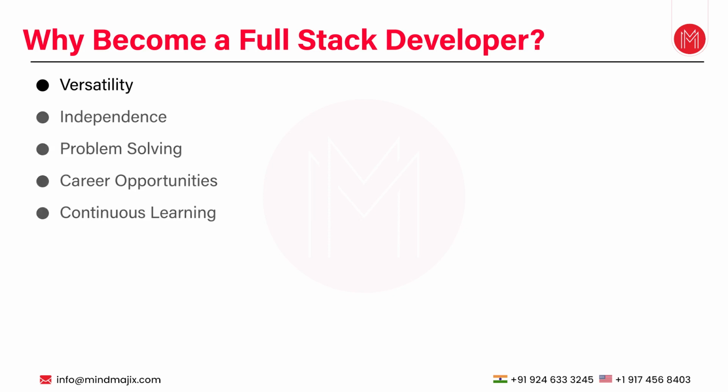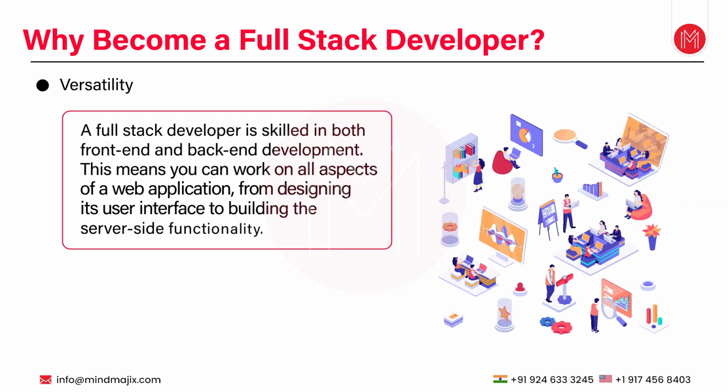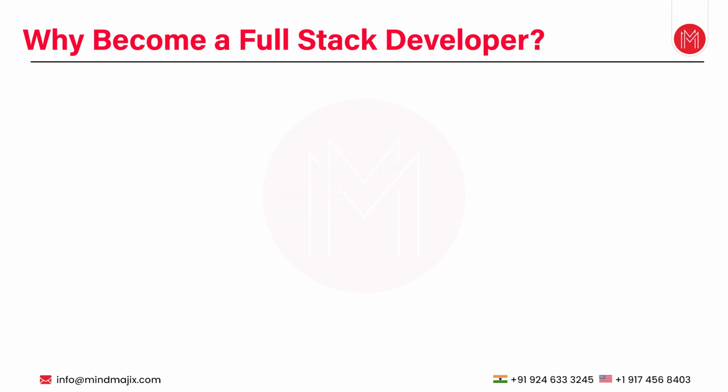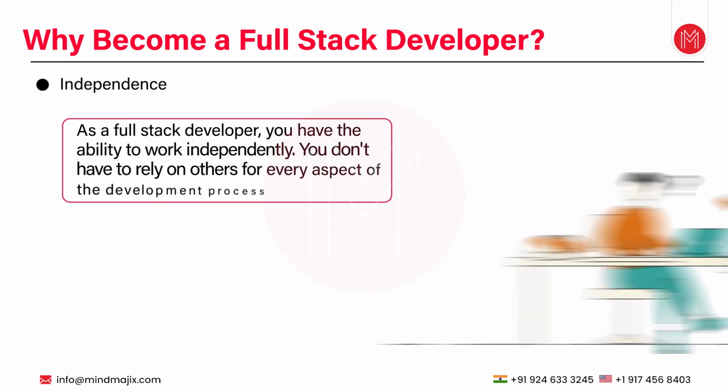We will understand each one of these points in a better way. Firstly, versatility. A full-stack developer is skilled in both front-end and back-end development. This means you can work on all aspects of web application development, from designing the user interface to building server-side functionality. Being versatile allows you to handle different tasks and contribute to various parts of the project. Followed by that, we have independence.